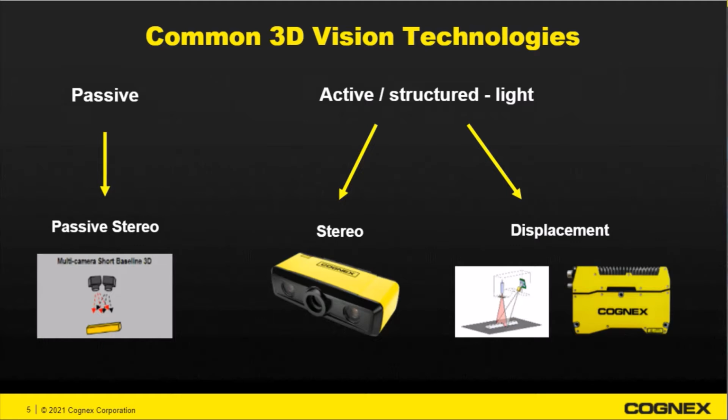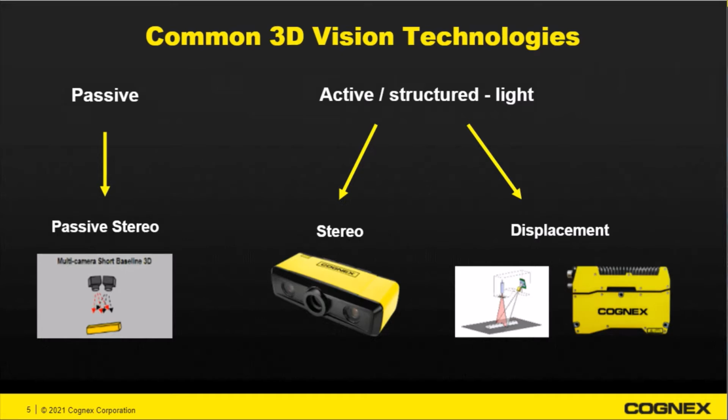And then there are the active or so-called structured light technologies, which is either a stereo camera that uses a pattern projection for generating correspondences and making a more dense point cloud, or the so-called displacement sensor. Here a laser line is projected into the scene, and the deformation of the line is used to measure the height. And then the system will be moved over your parts or the scene to generate a full 3D point cloud.